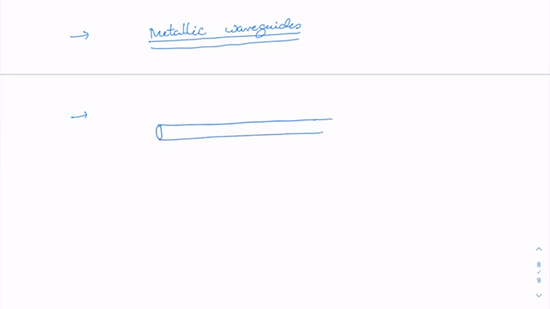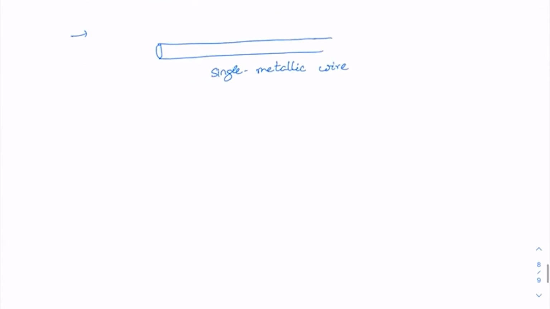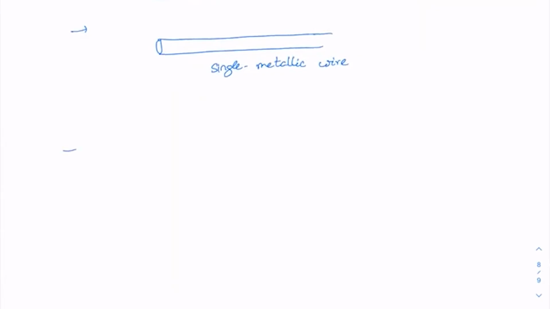Let us understand how a wave can propagate inside such a wire. We are just considering a single metallic wire. Let me briefly talk about the physics, that is, how a metallic wire can support a propagating wave.